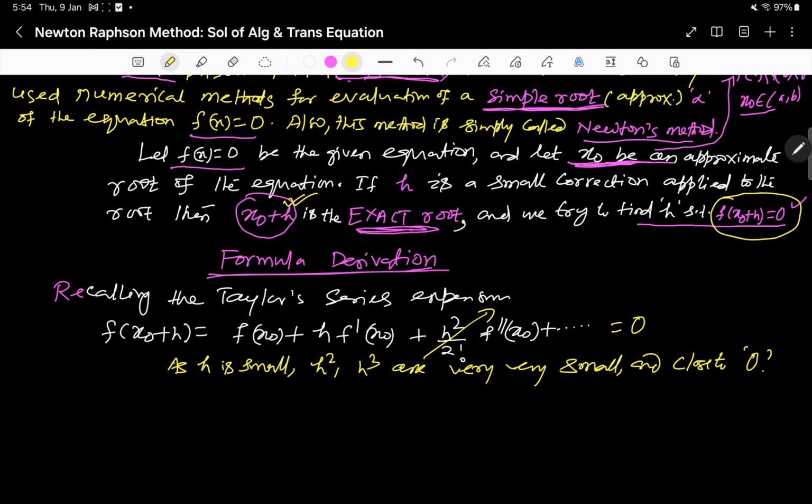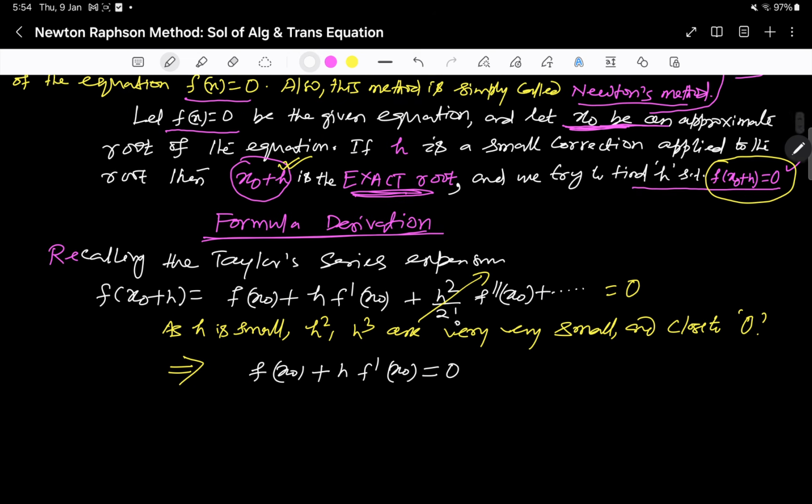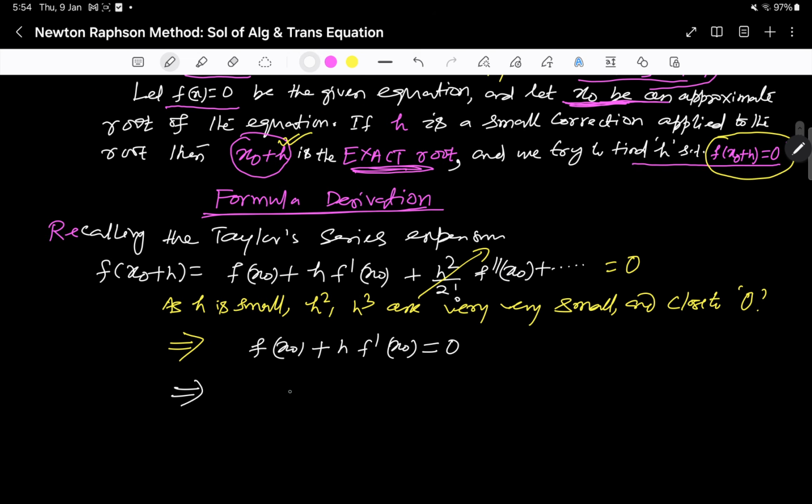We can omit the higher terms. This will lead you to f(x0) + h f'(x0) = 0. So what is h? If you simplify it, h will be minus f(x0) divided by f'(x0).